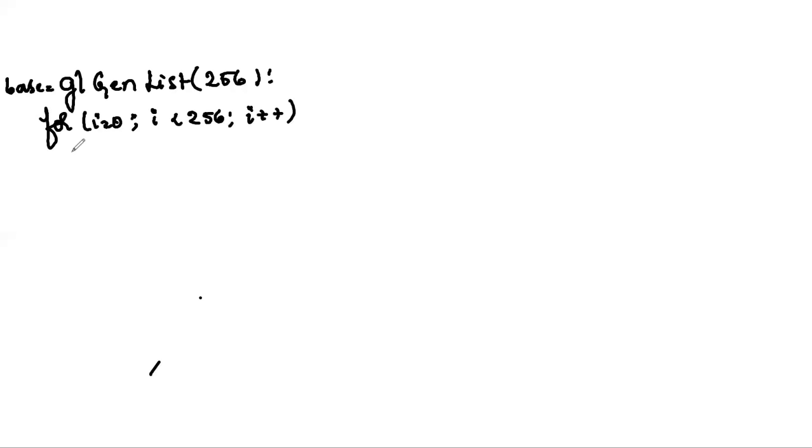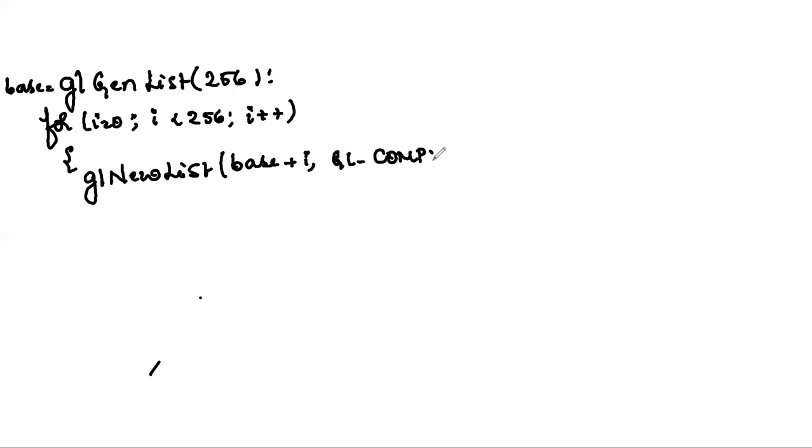Here I will call glNewList, and inside this I will start with the first one, base plus i, comma GL_COMPILE. If you recall, GL_COMPILE is a flag which tells it to compile and keep the list but not display it immediately. After this newlist, let us call our font function with the argument i.